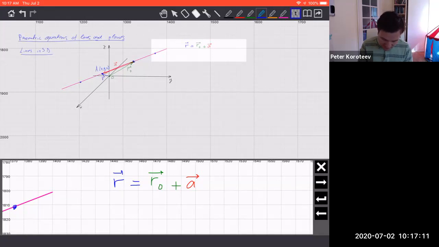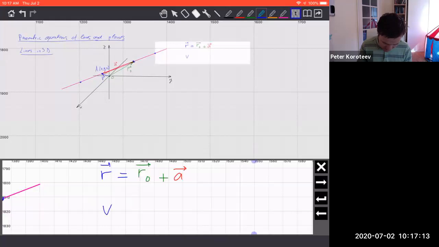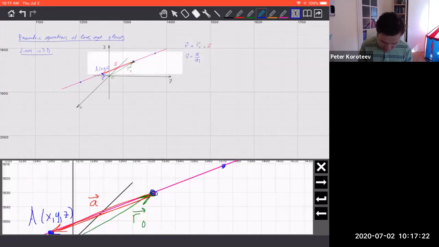Now let's select a unit vector. Let's say vector v is the unit vector in the direction of a. Here it would look like this.